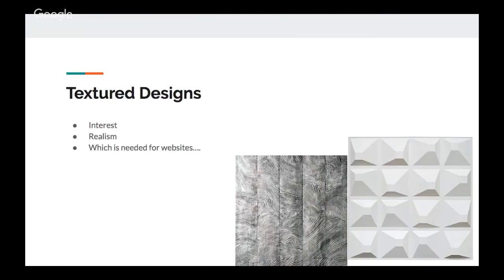And for a medium like websites, it is often appropriate and necessary to add texture. Whether the texture actually affects the design surface or is merely a visual trick on a website, on a web page.